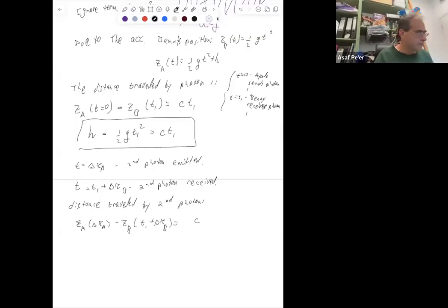C times how long the photon was in motion: the time it was received, T1 plus delta tau Benny, minus the time it was emitted, delta tau Ayala.